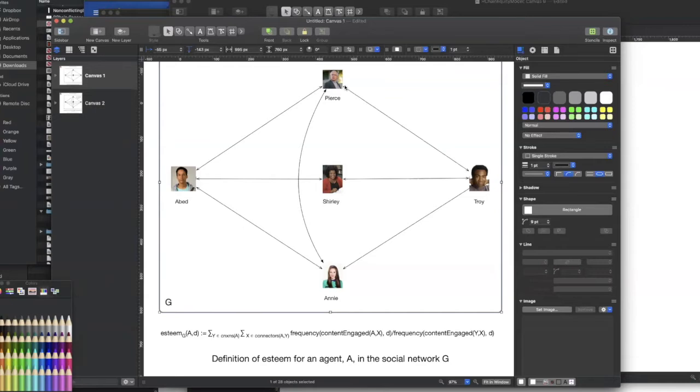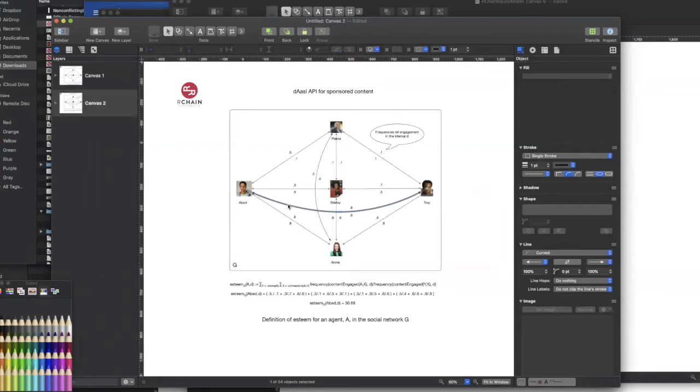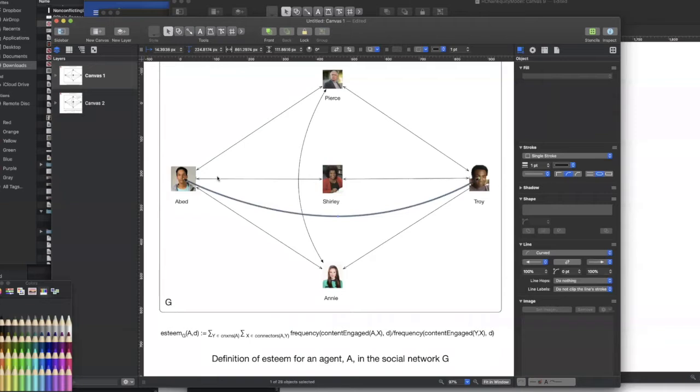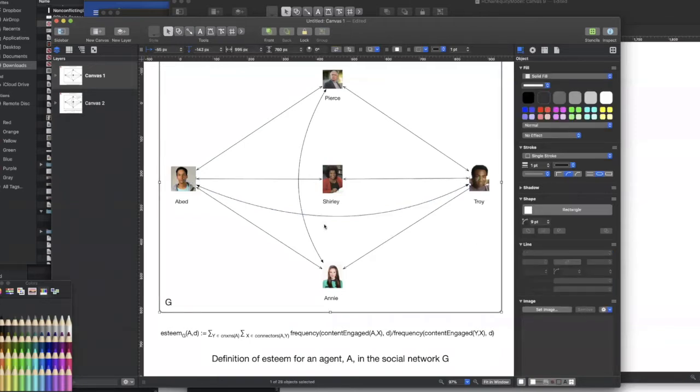So we look at the frequency. If X is a connector between Abed and Pierce, let's give an example. Annie is a connector between Abed and Pierce. Oh, I think there's one more arrow missing. There is, yes. Sorry. For this example, I'm using a completely connected graph. There we go. Sorry about that. Okay. So Annie is a connector between Abed and Pierce.